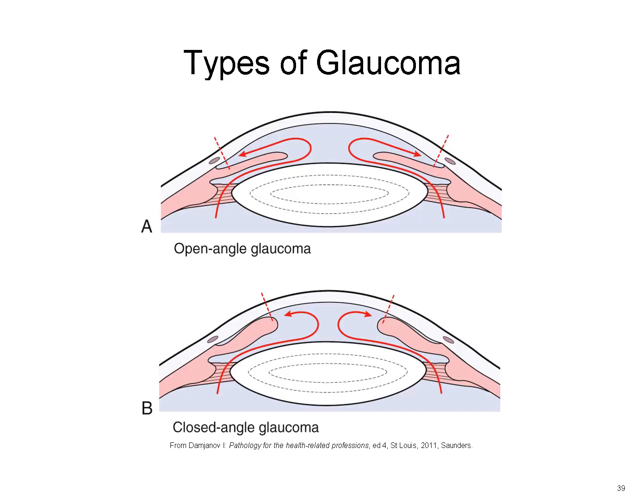This diagram shows the two major forms of glaucoma. A disease that damages the optic nerve, often due to elevated intraocular pressure. In open-angle glaucoma, image A, the drainage angle remains open, but the trabecular meshwork becomes partially blocked, leading to a gradual increase in eye pressure.